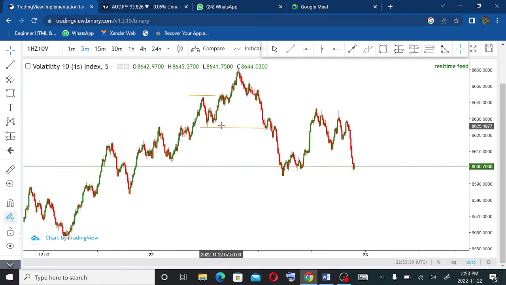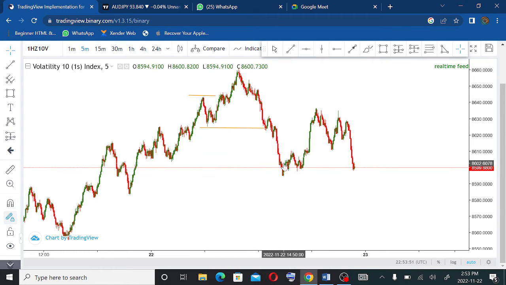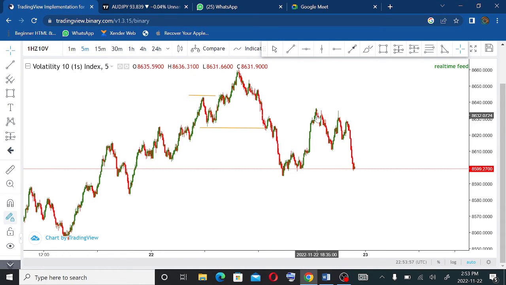So looking for an exact entry, I fully know that I want to see the market push above this, break below, then retest, which it has done, and I'll be looking out for my sell on this retest. But this retest is not the sweetest retest I get.